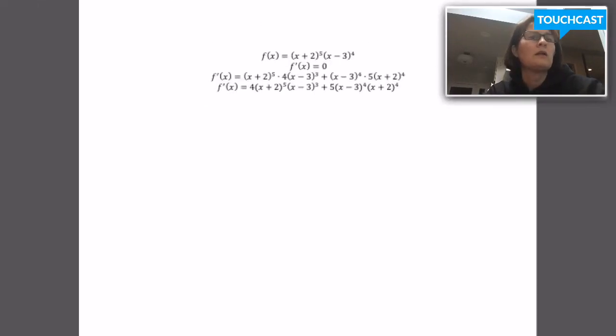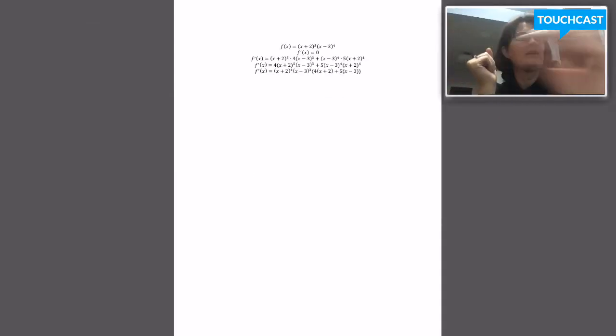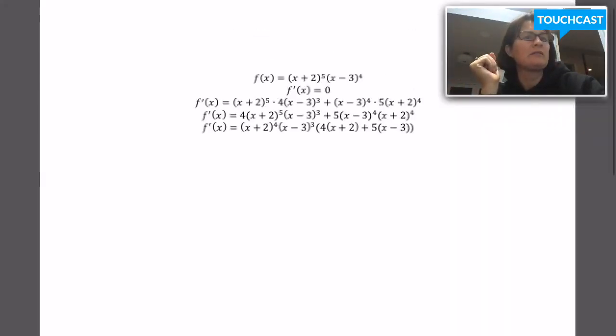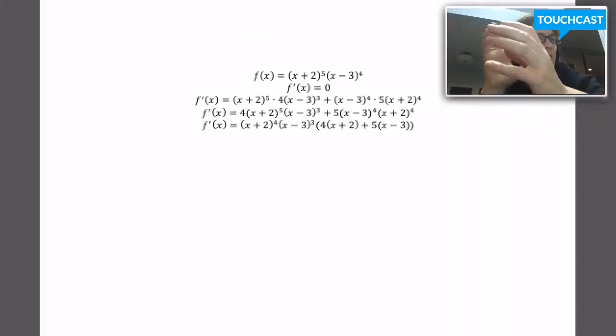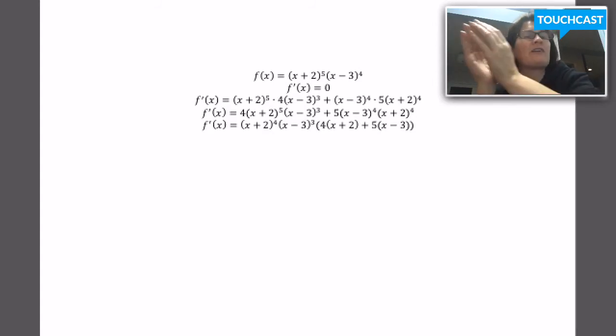So I can factor x minus 3 to the third power. I can factor x minus 3 to the third power out of both halves of my expression, and I can factor x plus 2 to the fourth power out of both halves of my expression, and then what's left over?